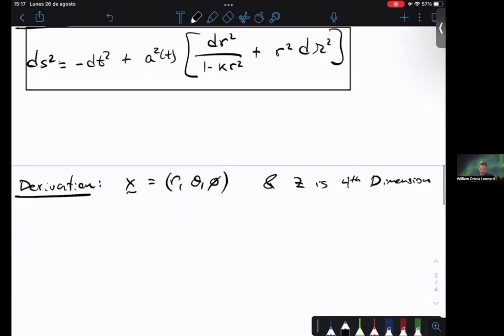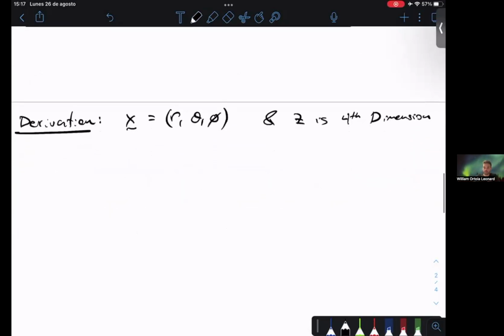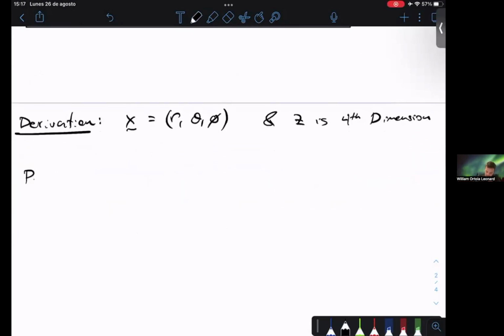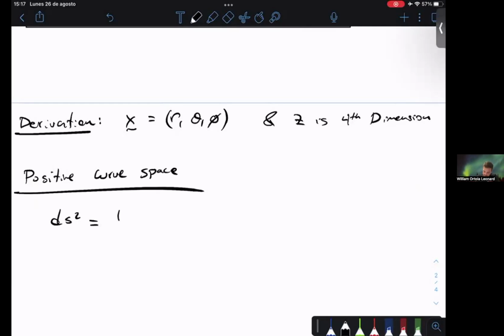Now, if we are in a positive curved space, and we first try to write the metric in terms of Cartesian components, then we have dx squared, the set of coordinates for the sphere, plus dc squared.